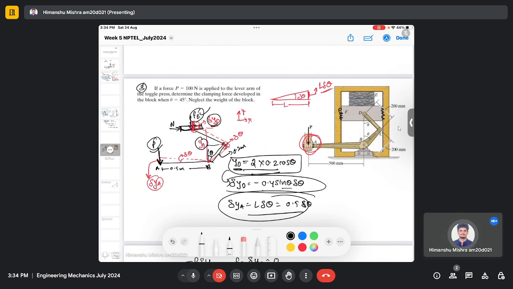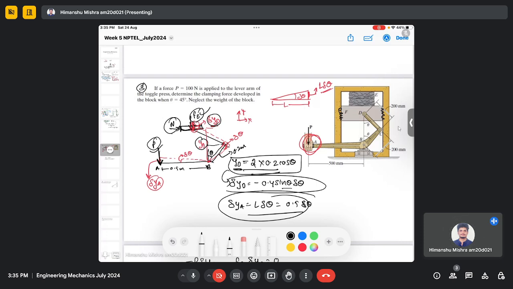There is another force acting in the horizontal direction, the x direction, which is this normal force N. But it is not creating any virtual work, because there is no virtual displacement in its direction, right? So here you don't need to consider all the forces, unlike when you use the equilibrium method.